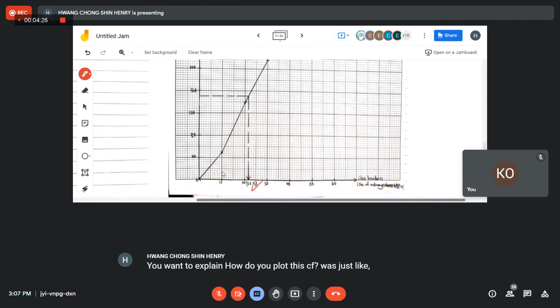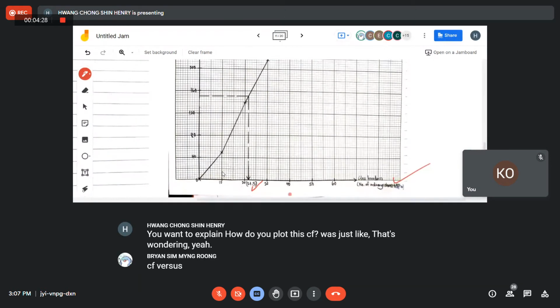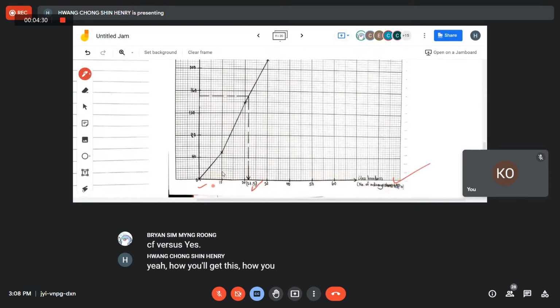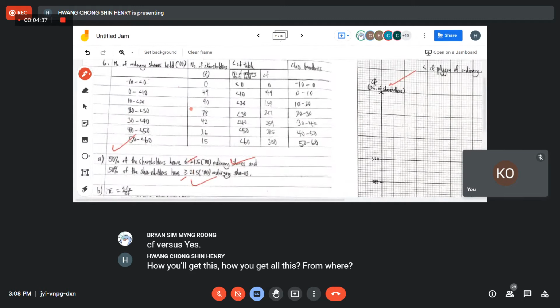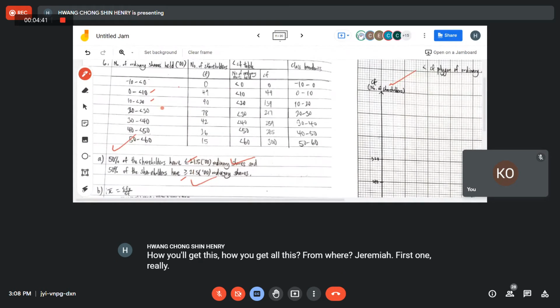Class boundary. Yes. How do you get all this? From here, class boundary: 10, 20, 30, 40, 50, 60.